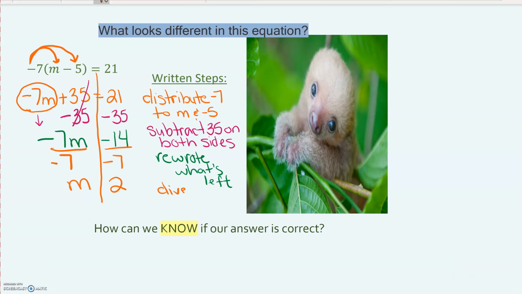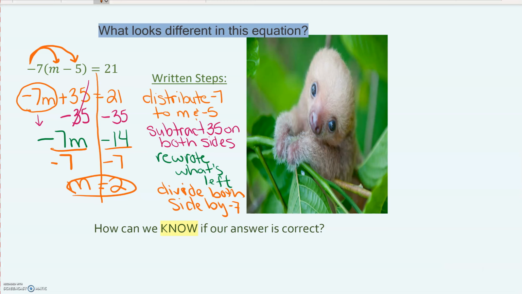Divide both sides by negative 7. When we did that, we are left with m equals 2. And we're going to circle or square that answer so that we know that m is all by itself and we have a value for it.